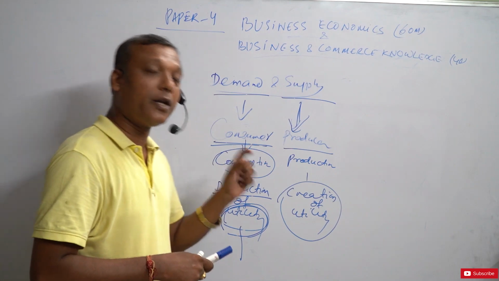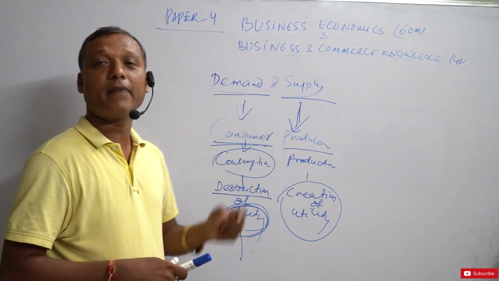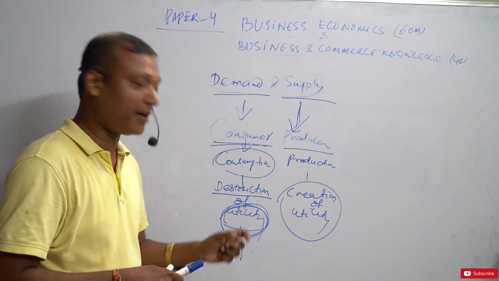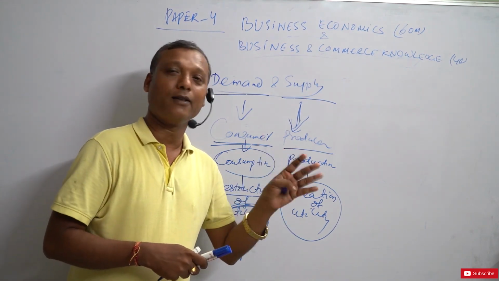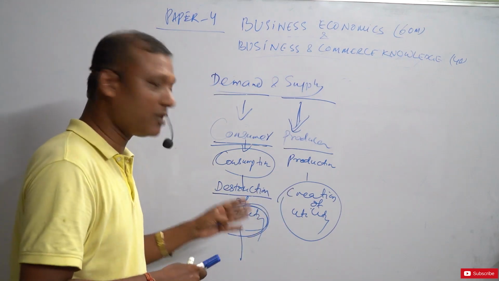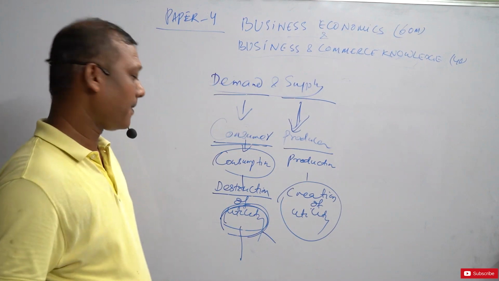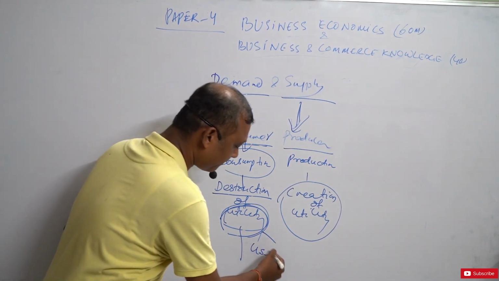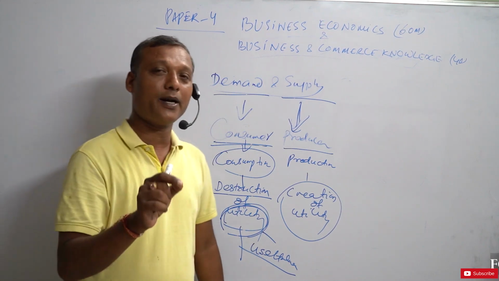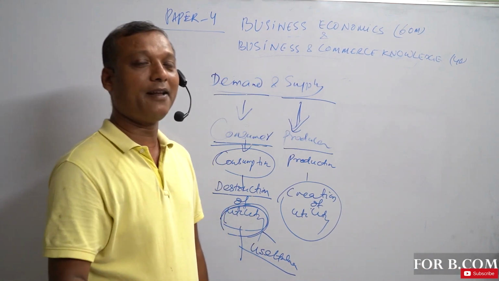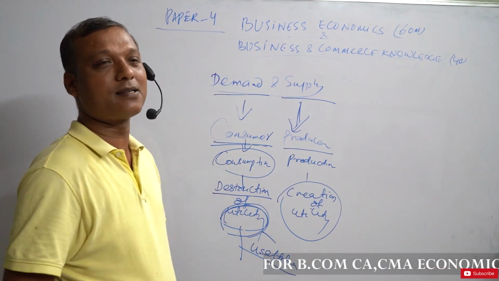Whatever the commodity may be, useful or not, each commodity must give utility to some person. Utility is a different thing, usefulness is a different thing. All commodities must have utility, but not all must have usefulness.